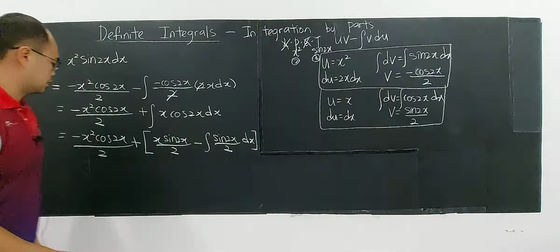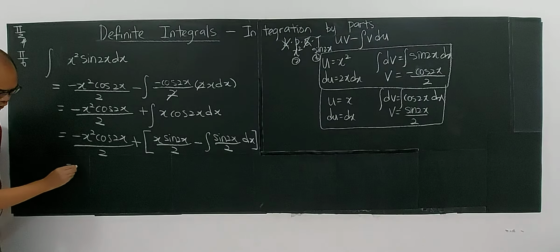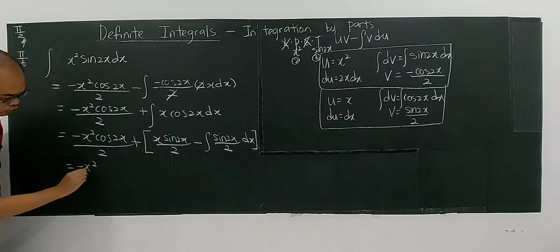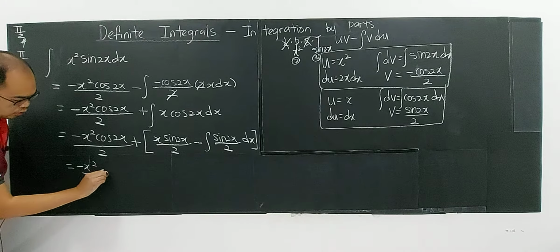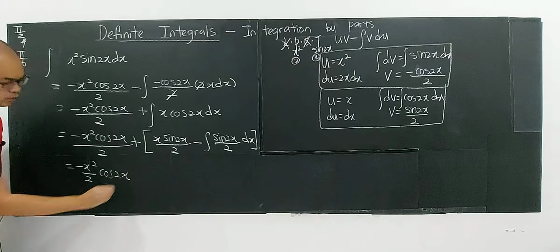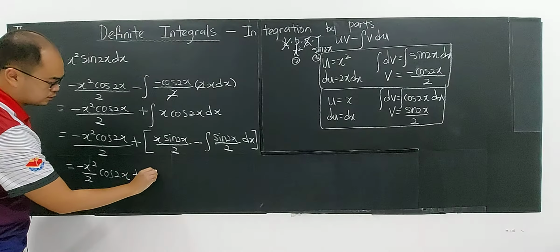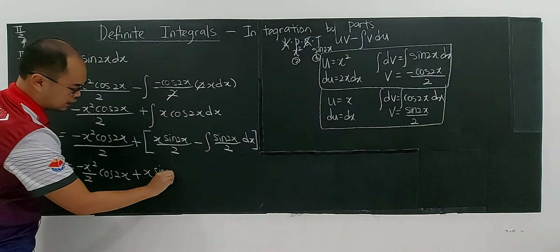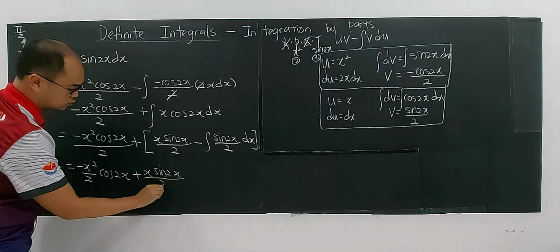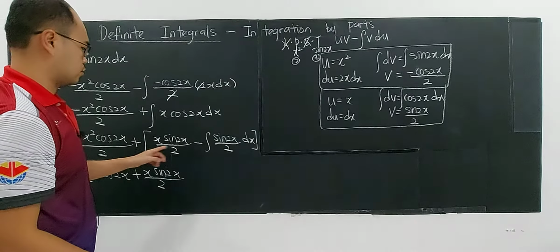Let's do it carefully. You have negative x power of 2 over 2 cos 2x, plus x sine 2x over 2, and you have a negative here.